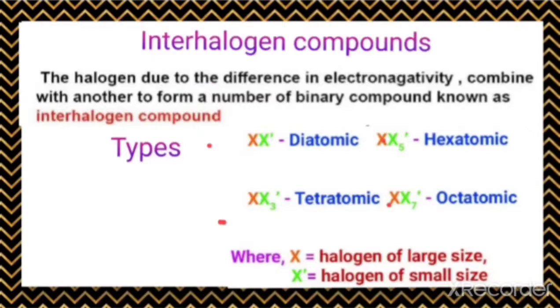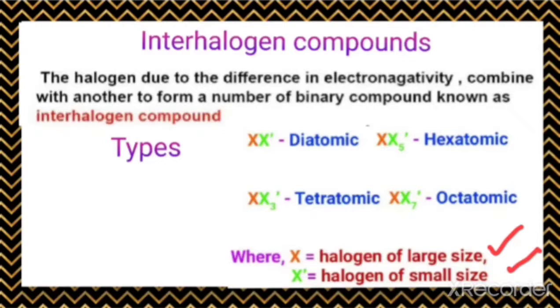But here the X halogen atom is of larger size and X dash is of smaller size. That is important here. X dash is the smaller size halogen and has a greater electronegativity.